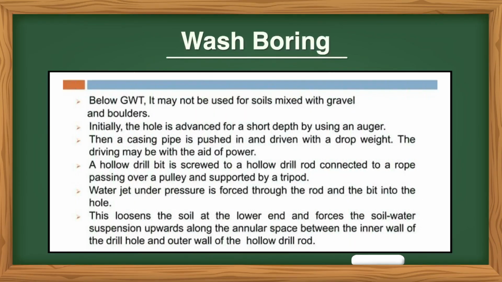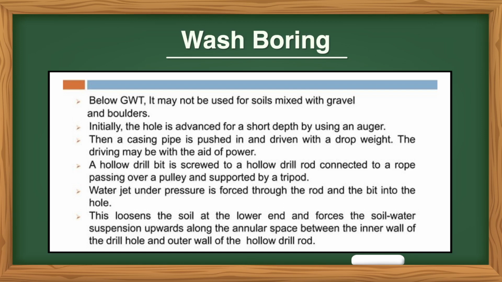Then wash boring. It can be used below GWT, but may not be used for soil mixed with gravel and boulders. Initially, the hole is advanced for a short depth using an auger, then a casing pipe is pushed in and driven with a drop weight.